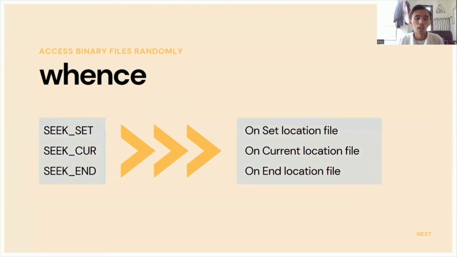We have three kinds of whence, which are SEEK_SET, SEEK_CUR, and SEEK_END. SEEK_SET is the start location of the file, SEEK_CUR is the current location in the file, and SEEK_END is the end location of the file.